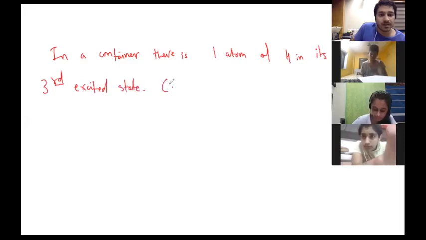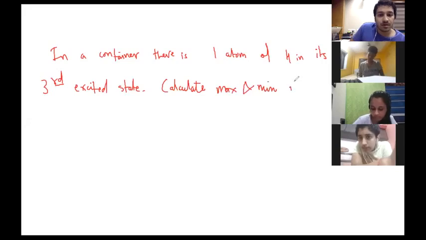Calculate the maximum and minimum number of spectral lines that can be obtained.